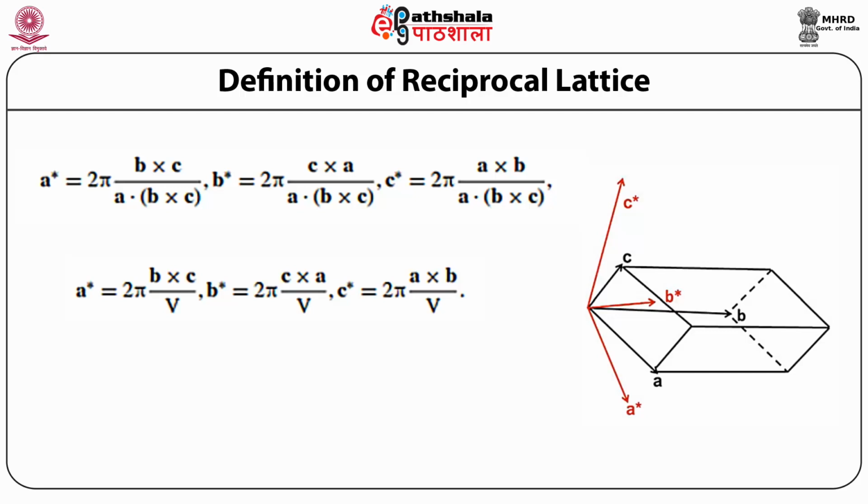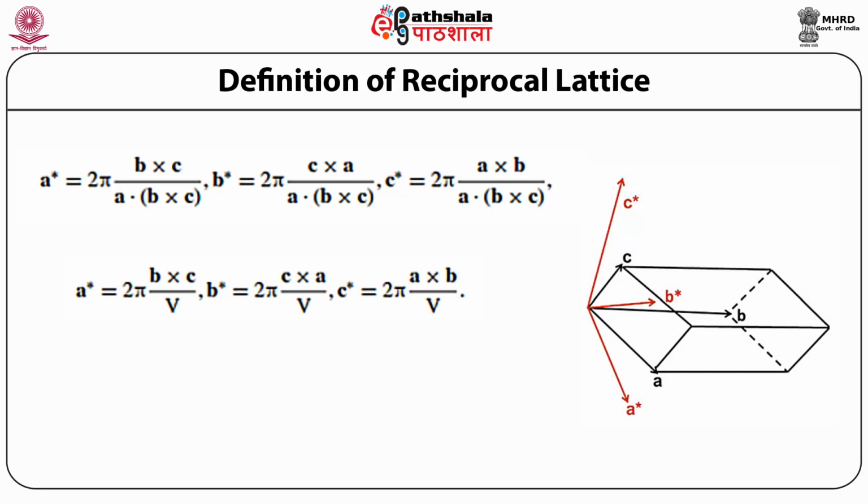Similarly for B star and C star shown here. It also depends on which angles they have. For example, if all angles are 90 degrees, then A star and A will have the same direction. Similarly, B star and B will have the same direction, and C and C star will have the same direction.